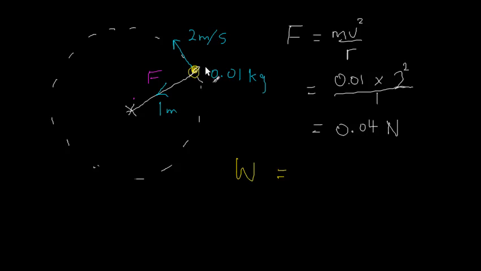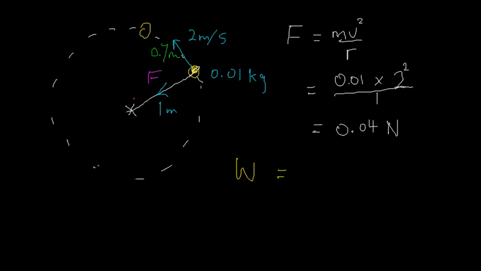Now suppose that, okay, I've just found the force. Suppose that after a short time, this stone moves from here to, let's say, here. And so let's say this distance that it moves is, say, 0.7 meter.